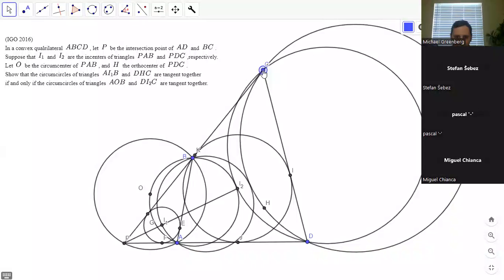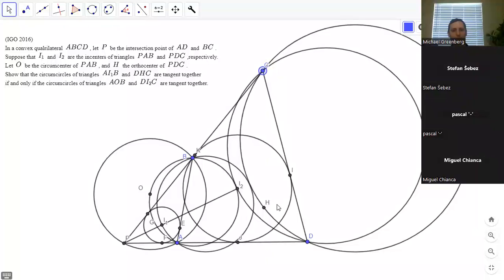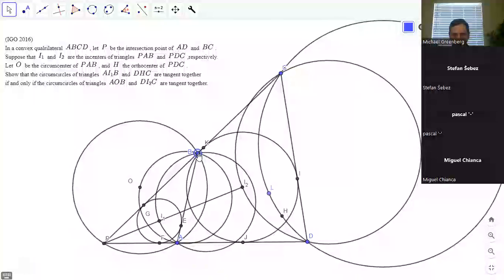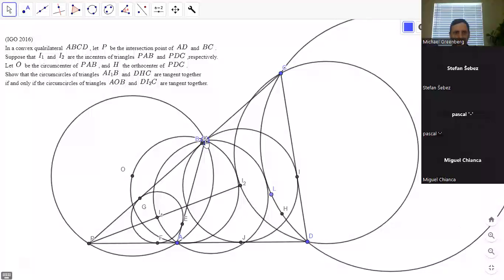Let's see. One of these is tangent, the other one's also tangent. So if they're tangent, maybe we have some homothety, like maybe C, L, and J are collinear. Not sure. Let's check that out. Maybe that's true. So wait, what is L?